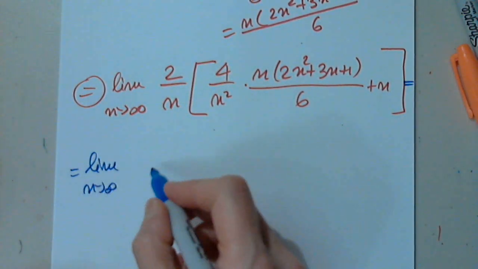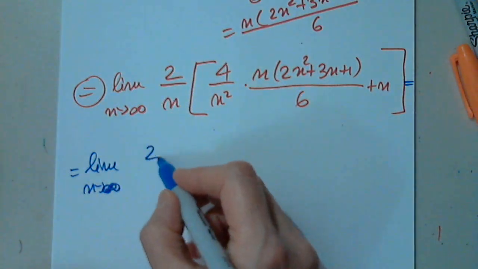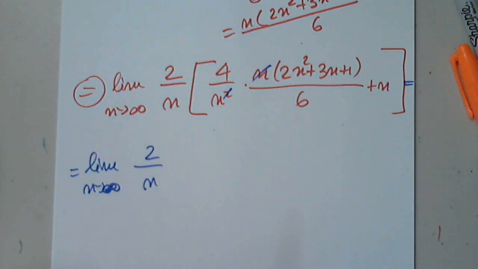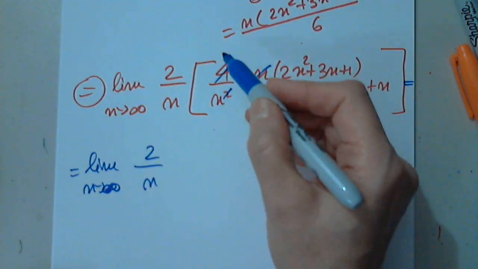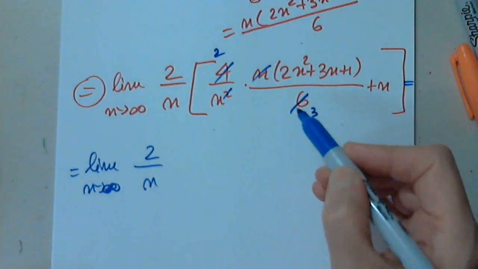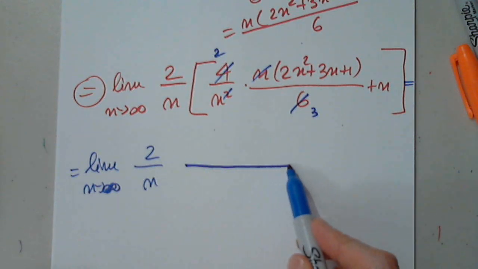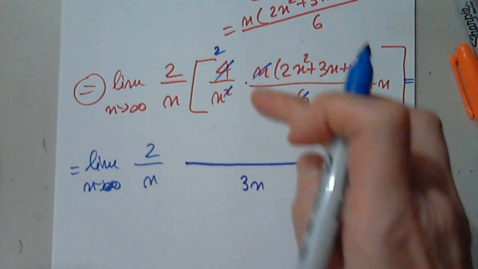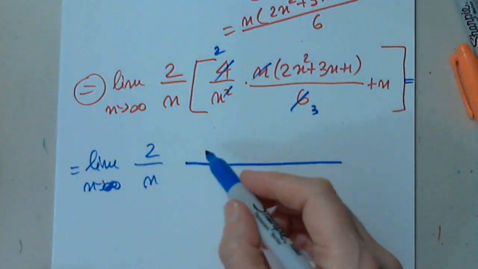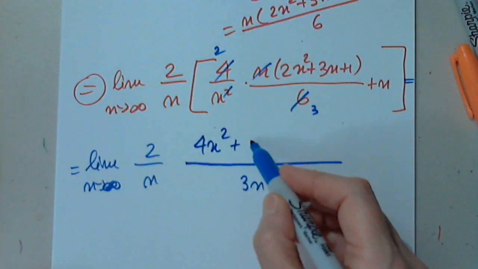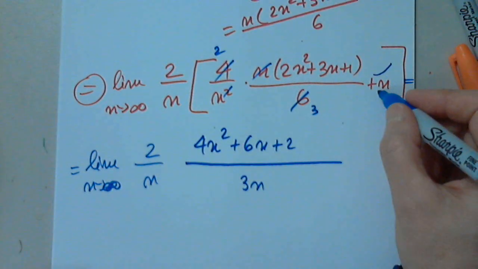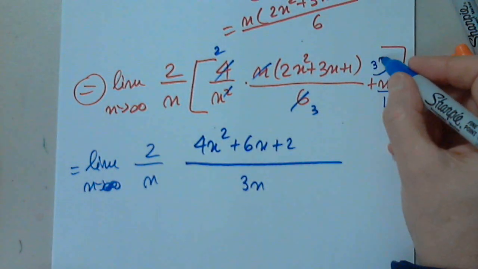Limit as n approaches infinity of 2 over n. The n will simplify. I can even simplify by 2. I find that the least common denominator is 3n. I'll distribute 2 in here: 4n squared plus 6n plus 2. And of course I need to multiply, because this is over 1, I need to multiply it by 3n.